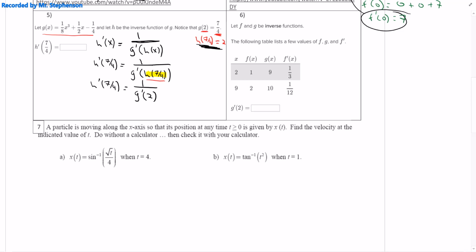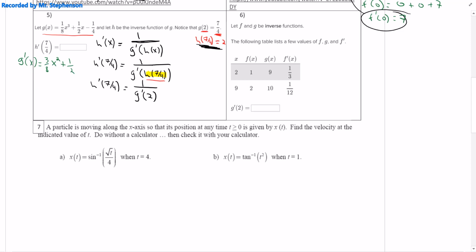So now all I'm left with is 1 over g prime of 2. Basically, I need to take the derivative of g, plug in 2, and then write 1 over that. So let's start with the derivative of g. G prime is going to equal 3/8 x squared plus 1/2, just some chain rule stuff.